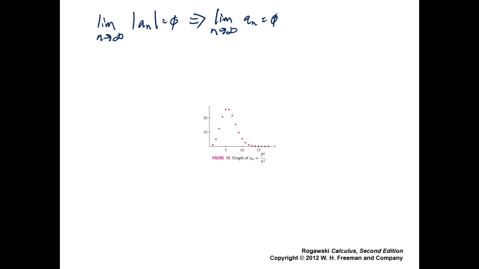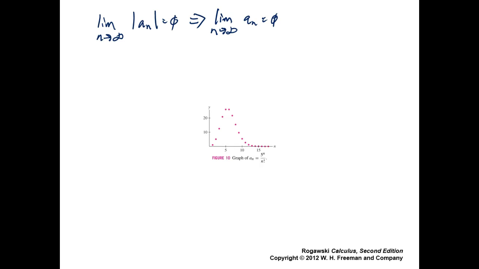Now what this is telling you is that the limit as n approaches infinity of the absolute value of a sub n is 0. Which means somewhere out there, a sub n could be going plus or minus, but the limit as you go out there is going to be 0. If a sub n went negative, the absolute value will be positive.